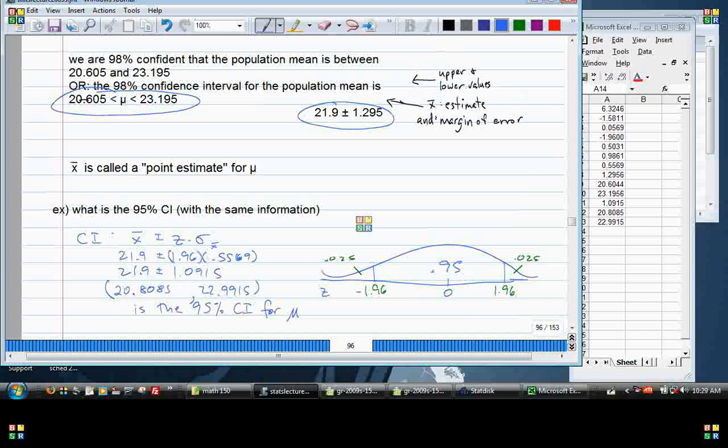Some people may prefer to write down we are 98% confident that, because we've been doing that for so long, and that's acceptable. Or you can simply write down the 95% confidence interval is, and that's fine too. I like writing the last way because I can use abbreviations and I can write it so short.